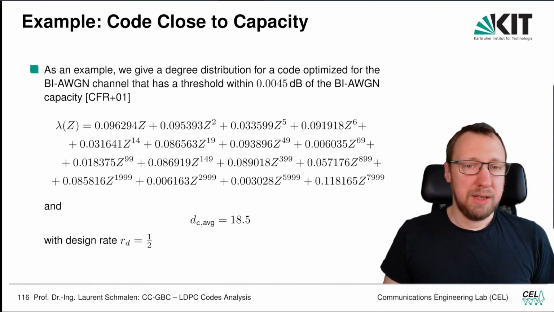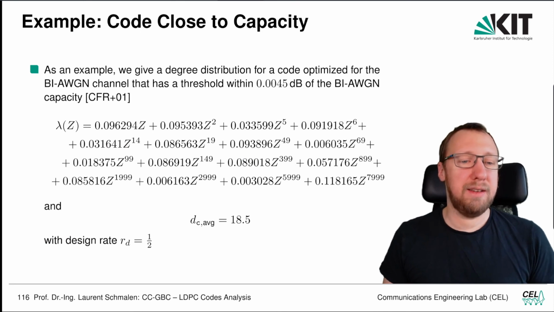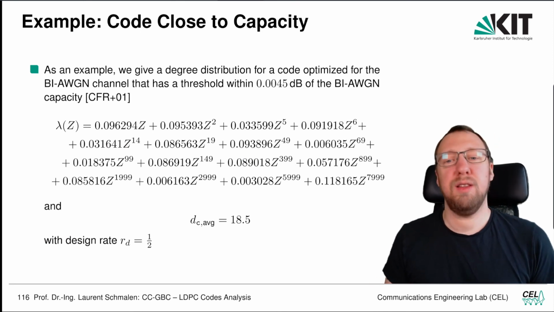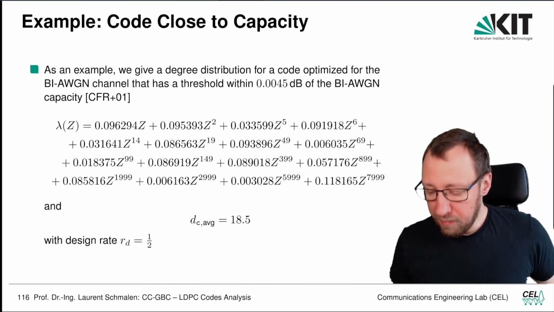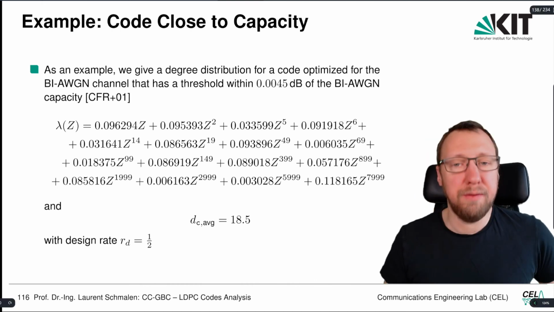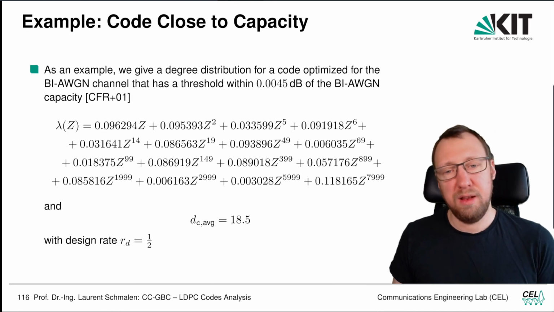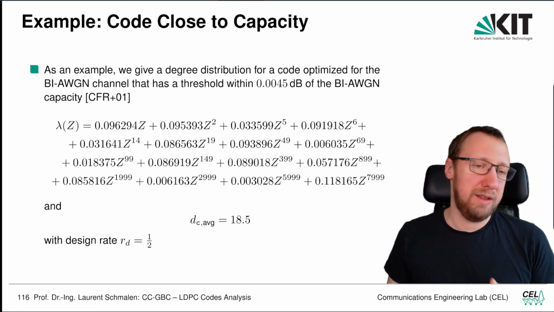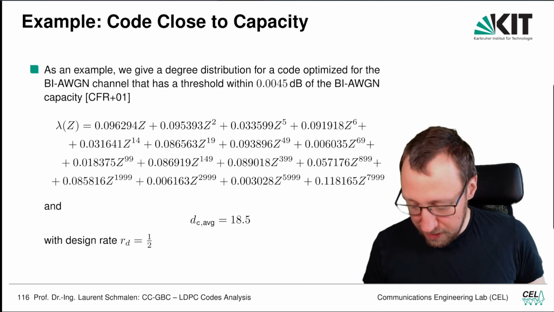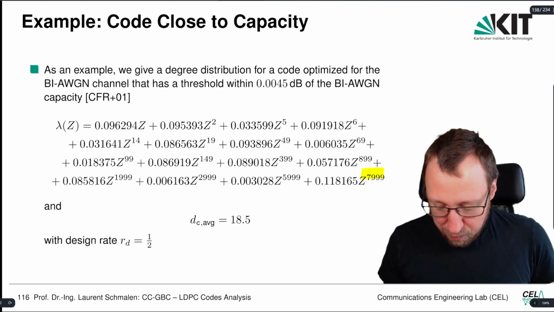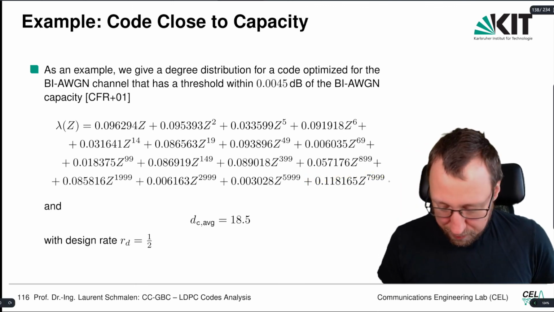So here's another distribution, another code that really pushes this to the limits. This is one that has been specifically optimized for the binary input AWGN channel. But just to give you an idea of what degree distribution they used: they have a maximum variable node degree of 8,000.